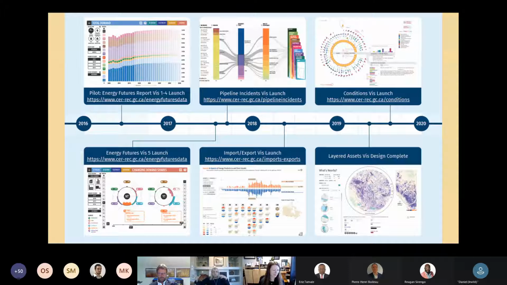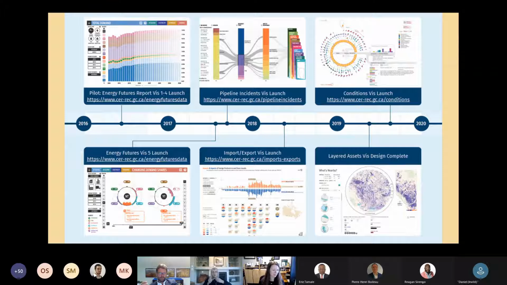But overall, the important thing was to touch every corner of the organization with one experience of working collaboratively with this team.